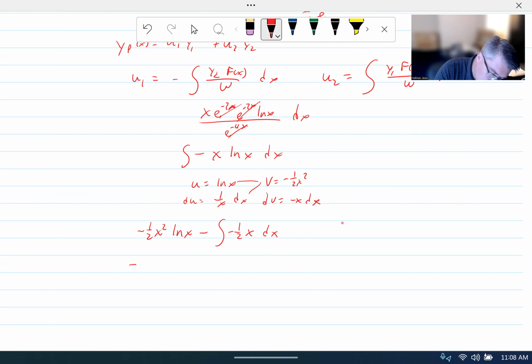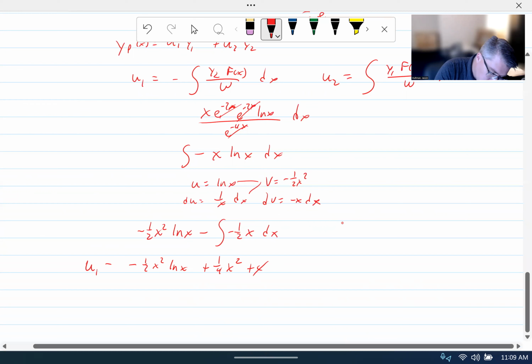And so this is minus 1/2 x squared natural log x. Minus minus is a plus. And then that's just the integral of x, 1/2 x, that's going to be 1/4 x squared. Okay. Plus c, but we're going to knock out the c because we are going to let it equal to 0. Okay, and so that's u1. Okay, u1 is that guy.